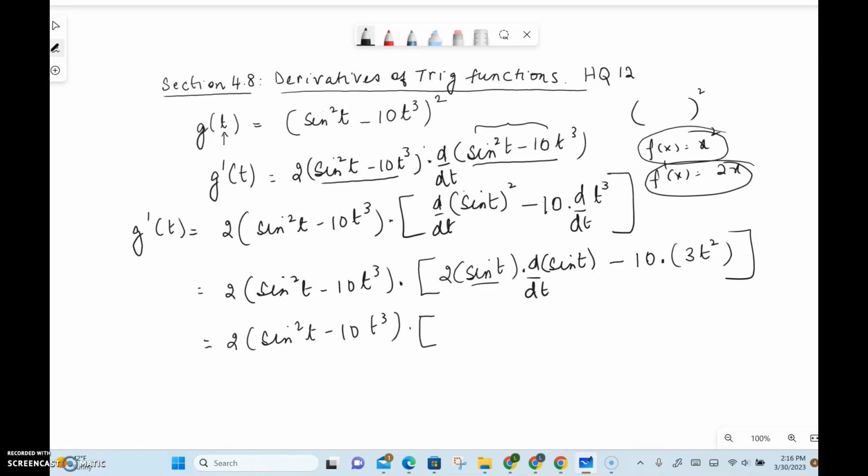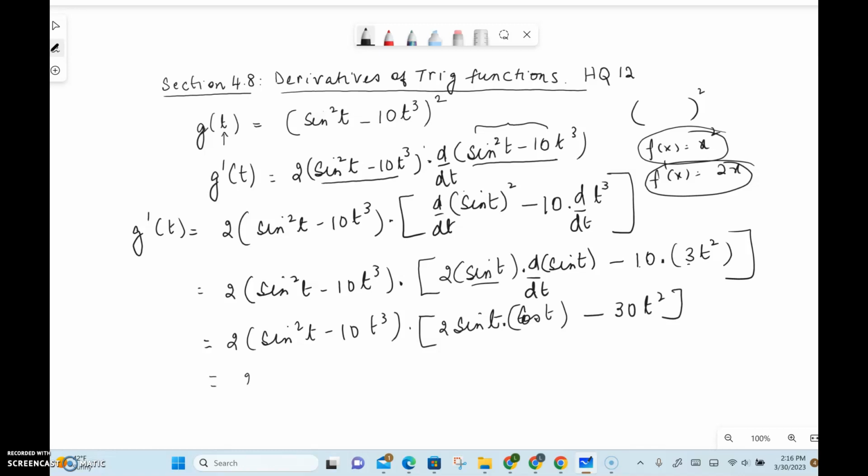So we go times 2 sine t, times d by dt of sine of t, which is equal to cosine of t, minus 3 times 10 is 30t squared.